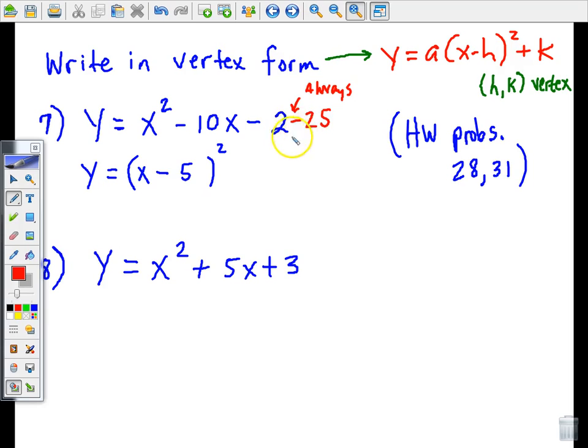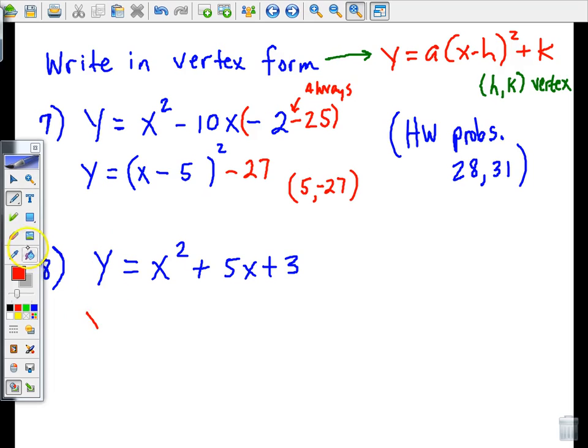Okay, subtract from standard form, and then these two constants on the end, -2 minus 25, can be combined. And it's as easy as that. We now have vertex form. And I'd like for you to go ahead and include with that what is the vertex. So the vertex in this case would be 5, -27.